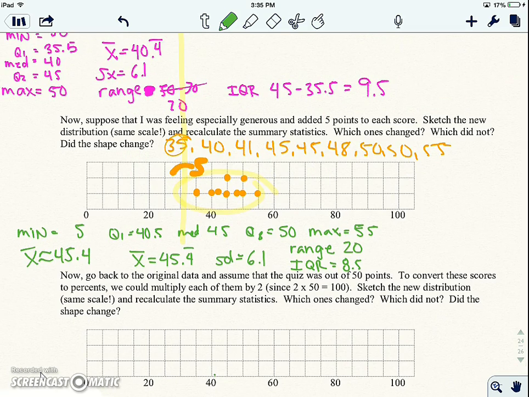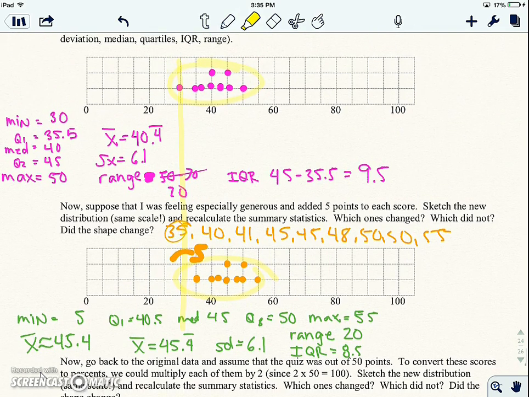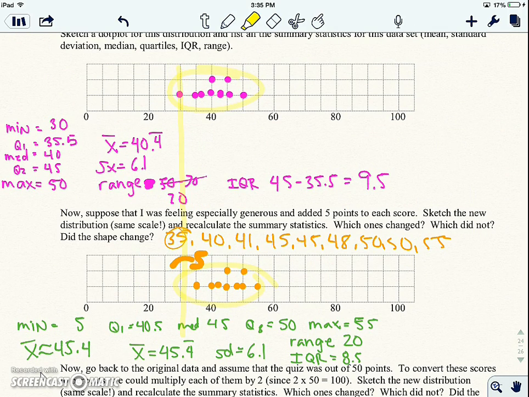Notice what changed and what didn't. Okay. Did my range change? No, it's because it just shifted. Did my IQR change? And the answer to that should be no. If I had written down correctly, this should be 9.5, not 8.5.